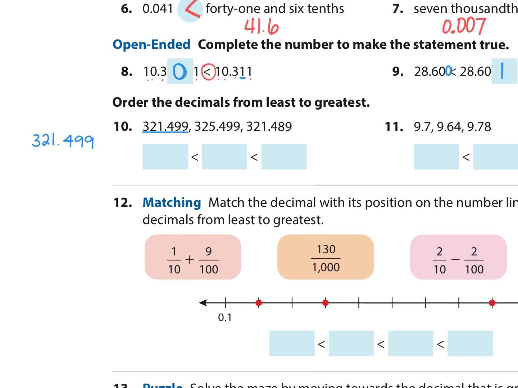I'm going to color code the next one. I have 325 decimal point 499. And then I'm going to color code the last one. I have 321 decimal point 489.